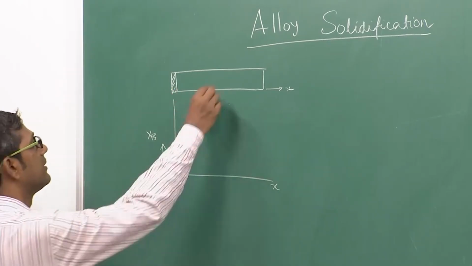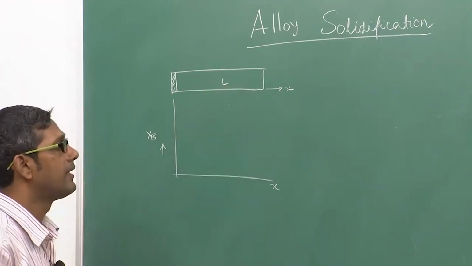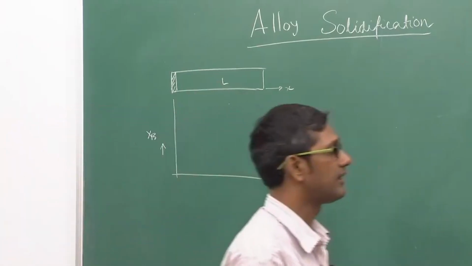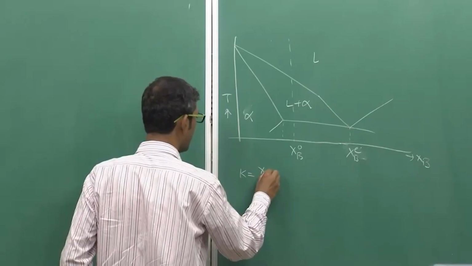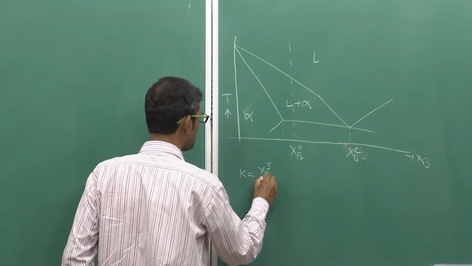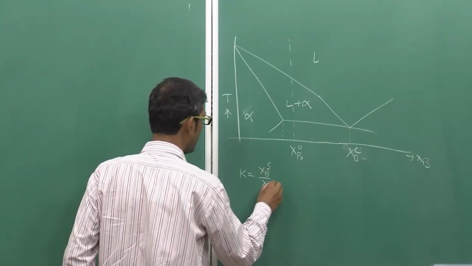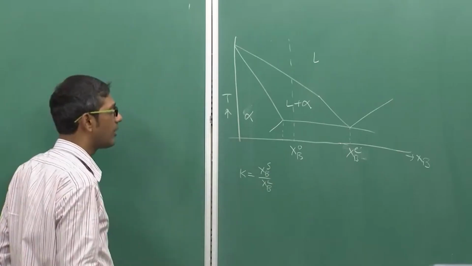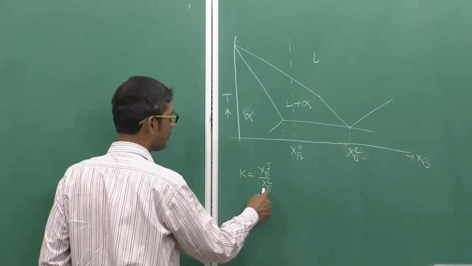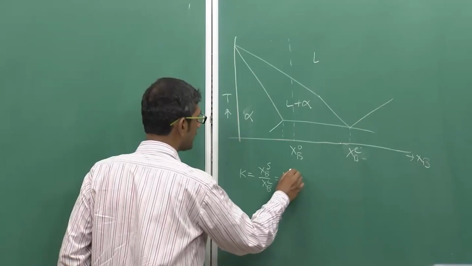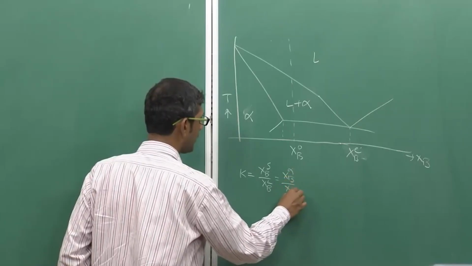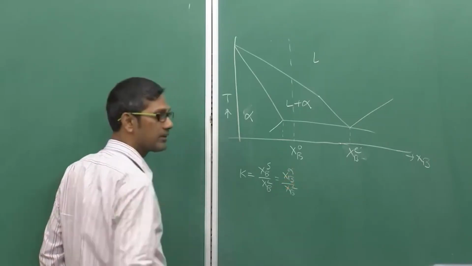As you know, I have already defined the partition coefficient K, which is XBS divided by XBL, the composition of the solid divided by the composition of the liquid. Sometimes this is also written as XB alpha by XBL, when alpha is the solid phase.